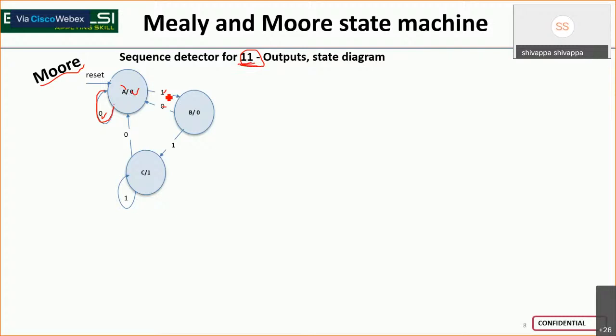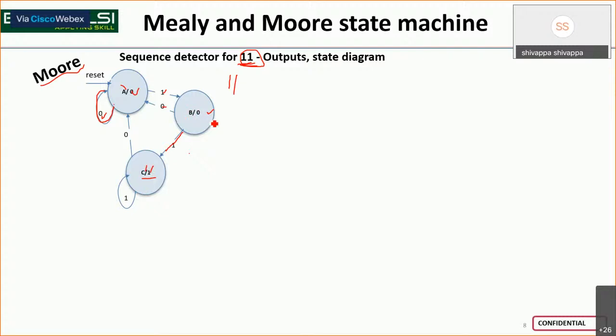When 1 is detected, when the input is 1, it goes to the next state, B, and output is still 0 because I detected only one 1. Then from here, when it gets 1 again, it goes to the next state. It got two 1s, and the output is set to 1, and the state is C.